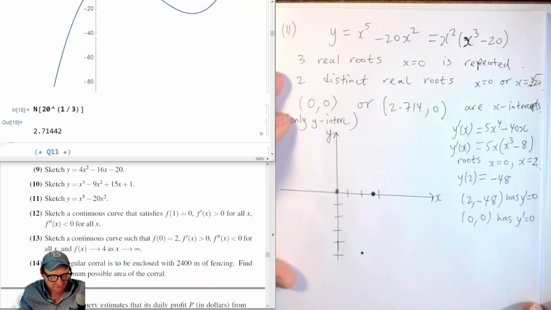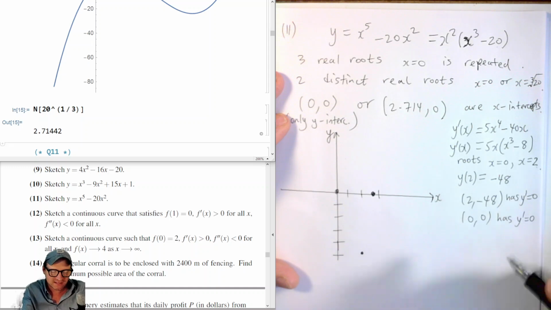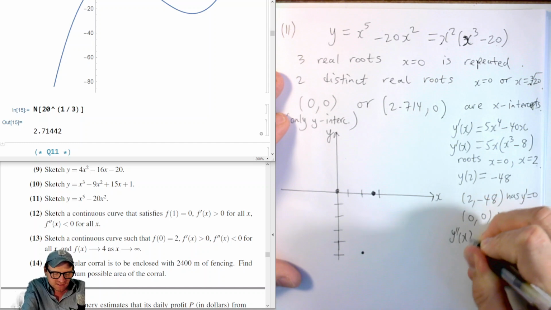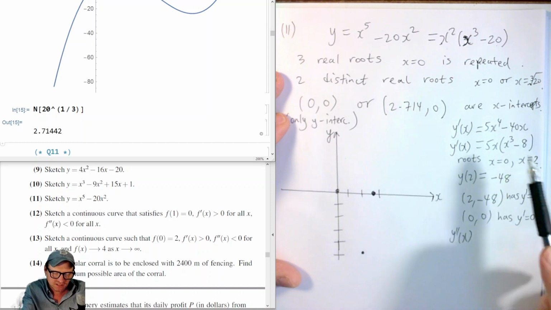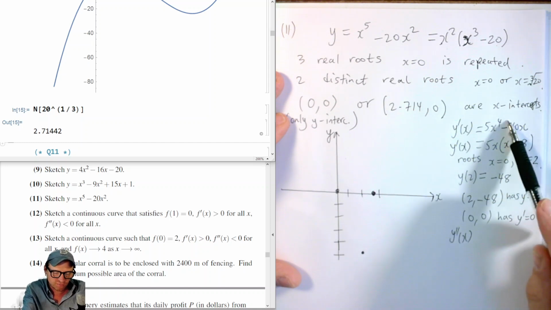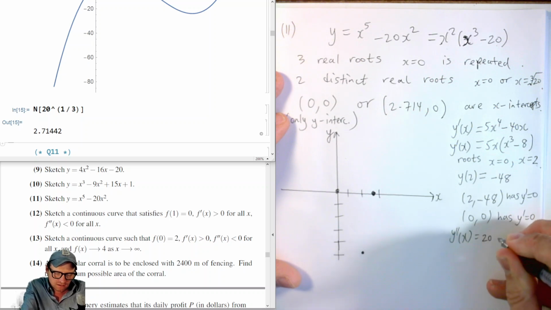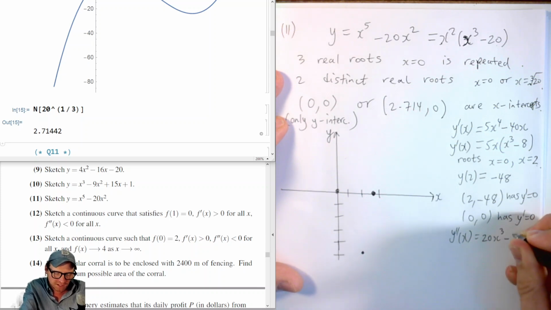Okay, so we have a lot of key features. Now, let's take a second derivative. So y double dash of x, now differentiating our first derivative, we bring the 4 down. So we have 20x to the power of 3 minus 40.